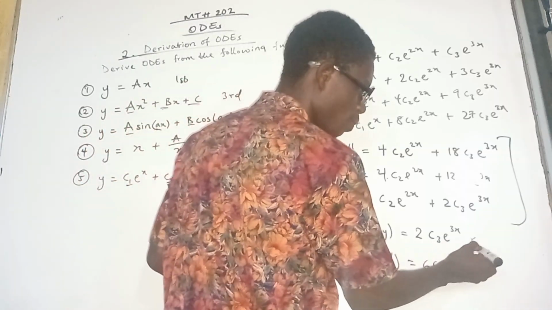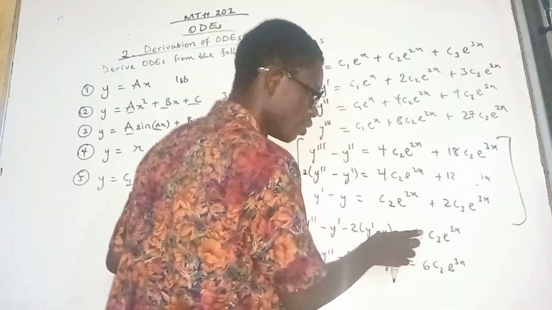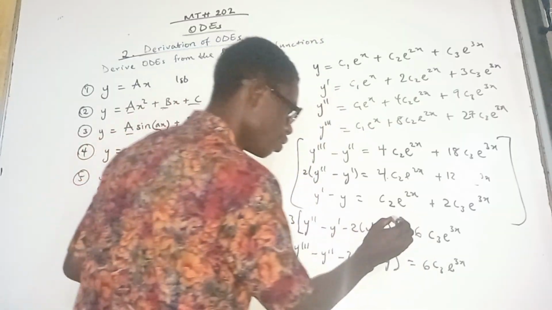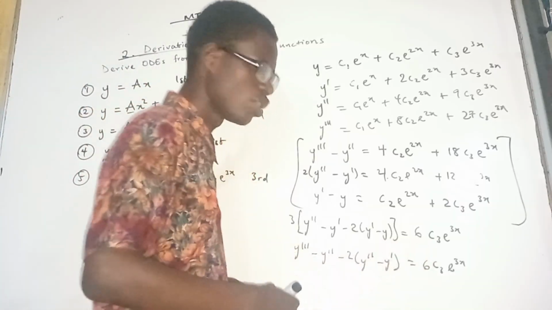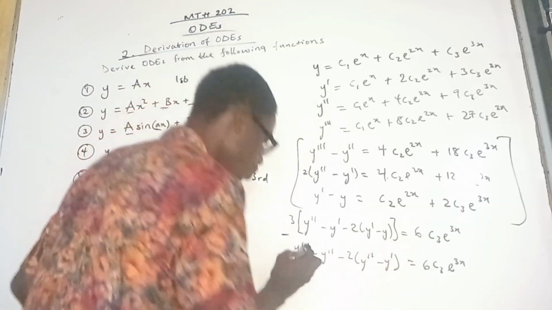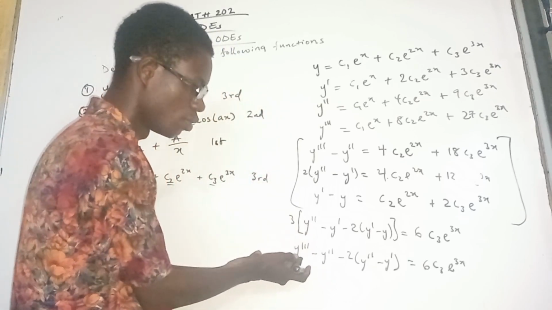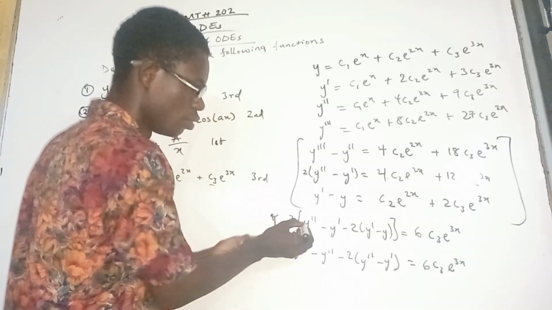So I can also multiply this one through by 3. So if I multiply this one through by 3, I have 6. And here I'm going to have 3 for everything, right? So if I subtract both equations, I'm going to be down to, okay, just make sure that my y triple prime is the one on top. So I'm going to subtract this one from this one.